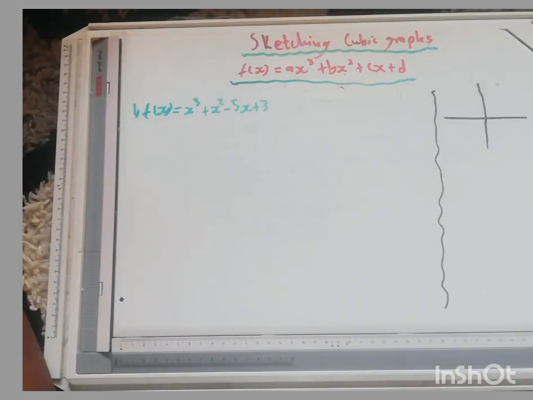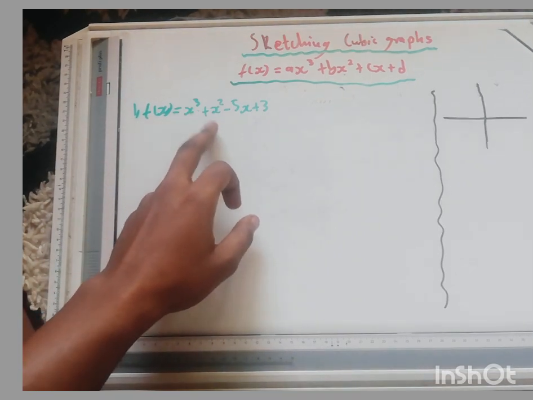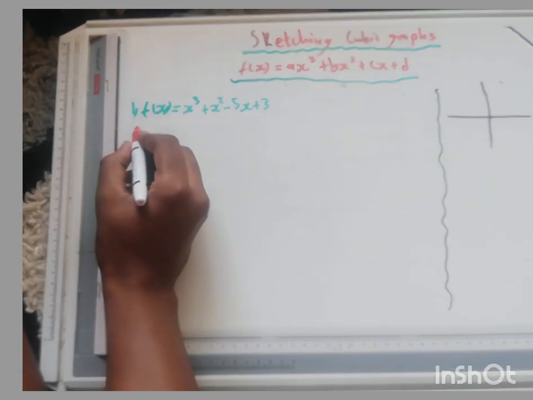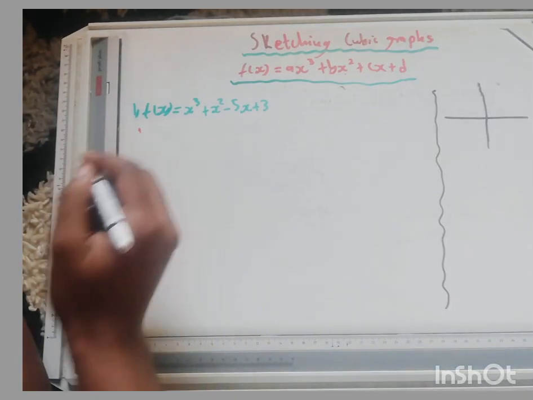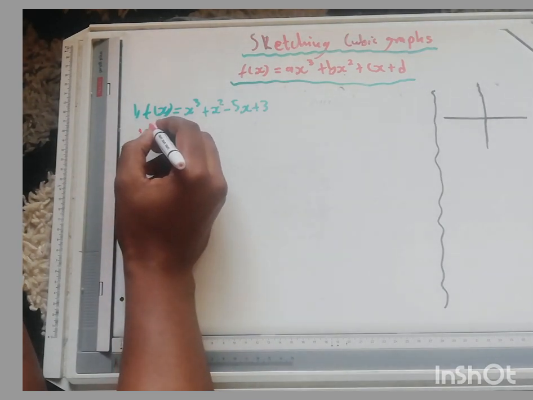So we're given this question. f of x is equal to x to the 3 plus x squared minus 5x plus 3. The first thing you have to find is your intercept. So how do we find that? Let's look for our y-intercept first.